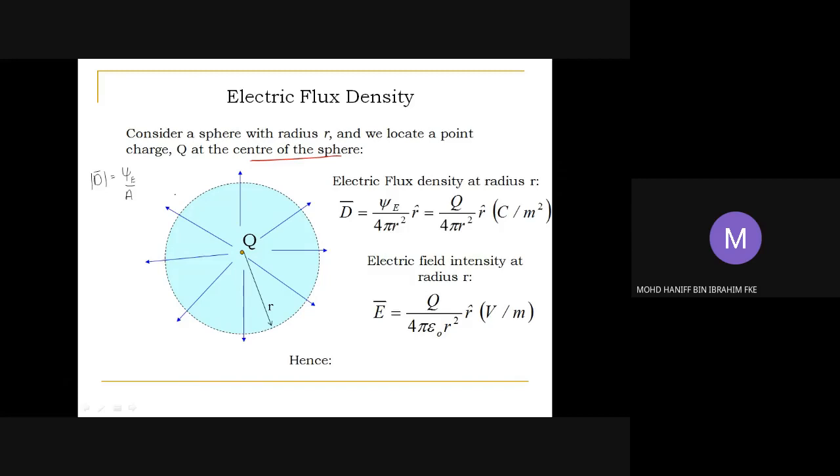If we consider calculating the flux density on the surface of the sphere, which has a radius of r, the area of that sphere should be equal to 4 pi r squared. Am I right? This should be the area of a sphere.